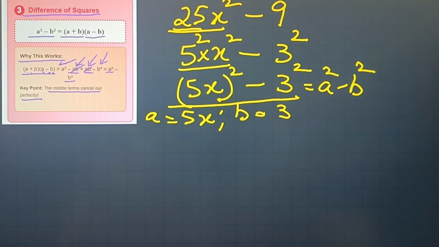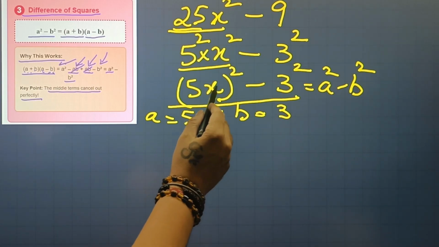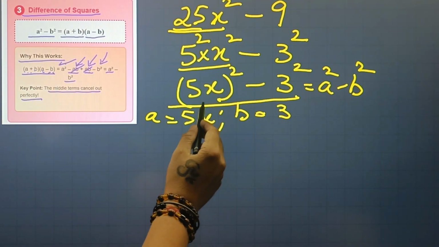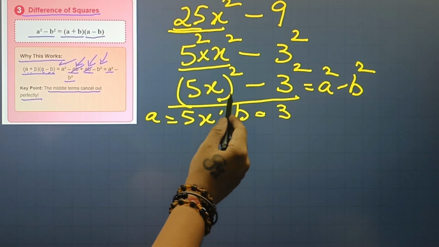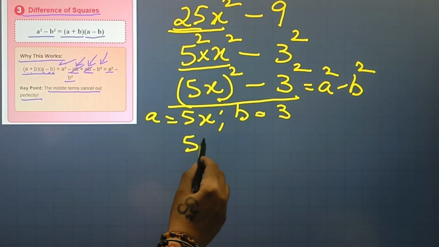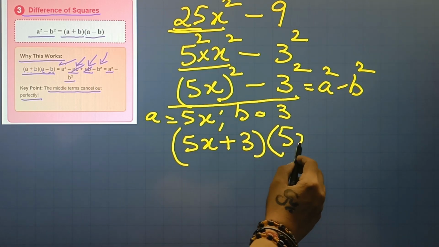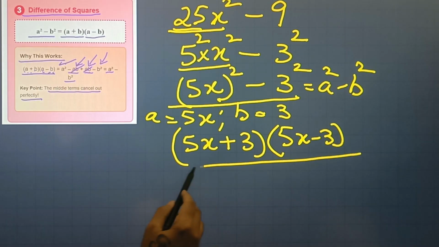Therefore, by using this algebraic identity, we can write this algebraic expression as a plus b into a minus b, that is 5x plus 3 into 5x minus 3. So this is our final answer by applying this particular algebraic identity. Now let's move forward and discuss our next algebraic identity.